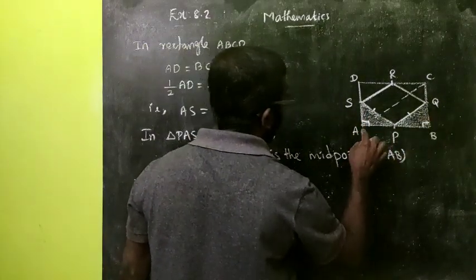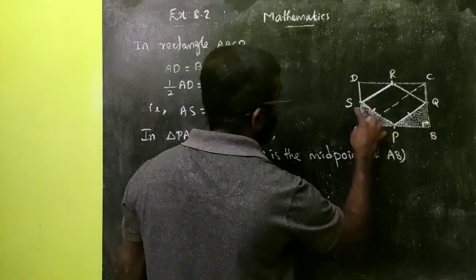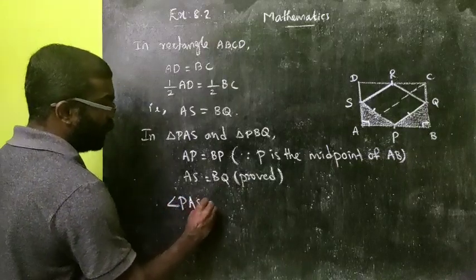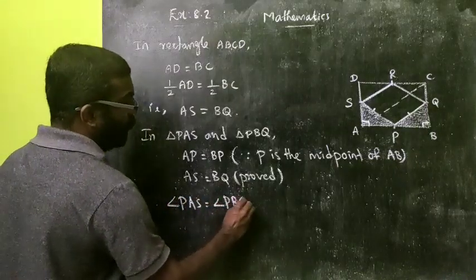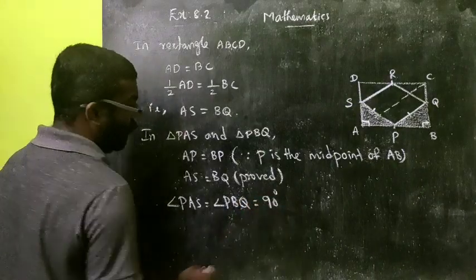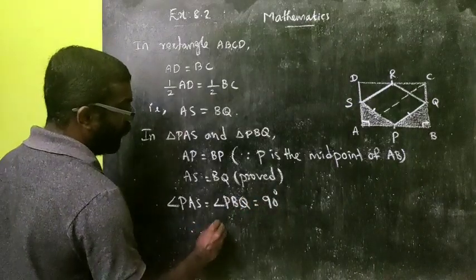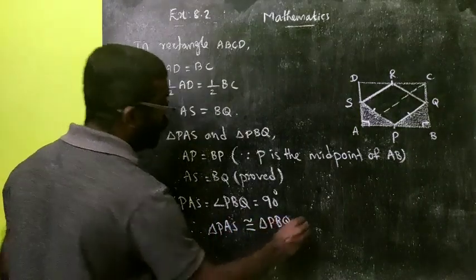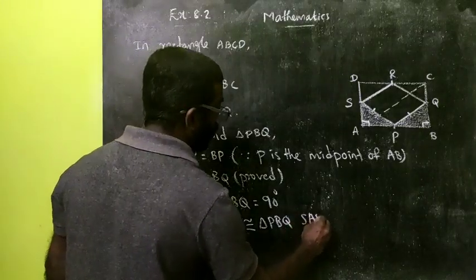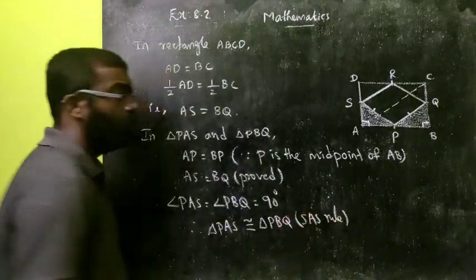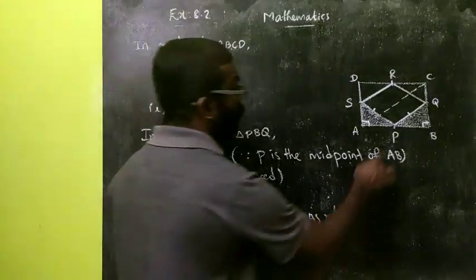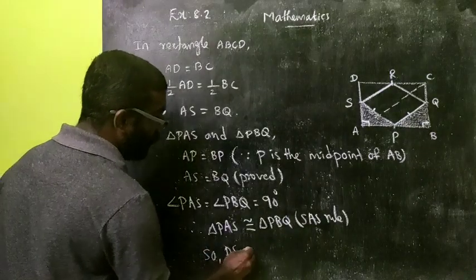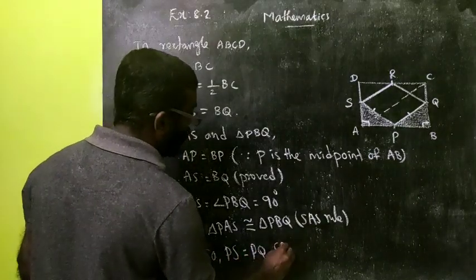So here we can take the angle PAS and angle PBQ. Angle PAS is equal to angle PBQ, each 90 degree. Therefore, triangle PAS is congruent to triangle PBQ by SAS congruence rule. And by CPCT, we can write PS equal to PQ.